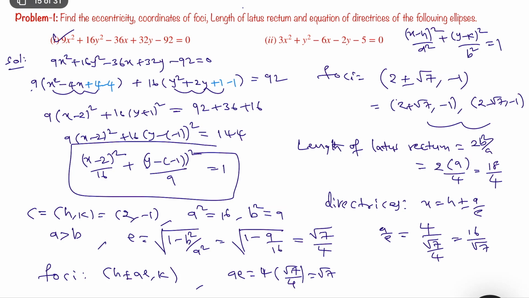So the directrices equation is x equal to h, what is h here? 2, plus or minus 16 by root 7. So we have two directrices here: x equal to 2 minus 16 by root 7, and x equal to 2 plus 16 by root 7.